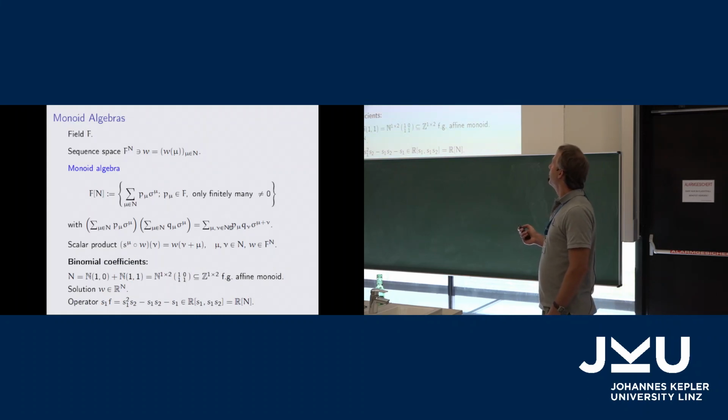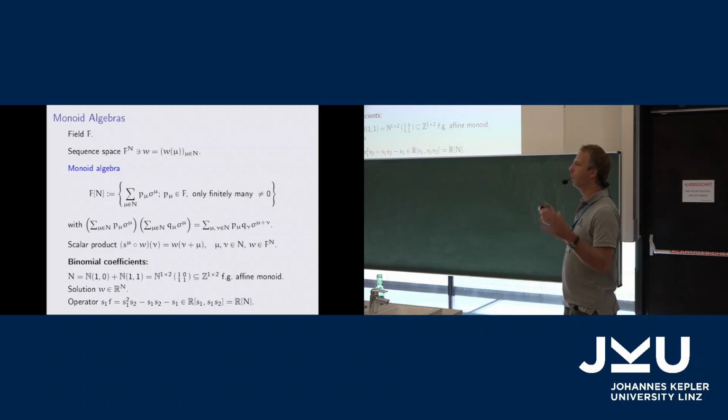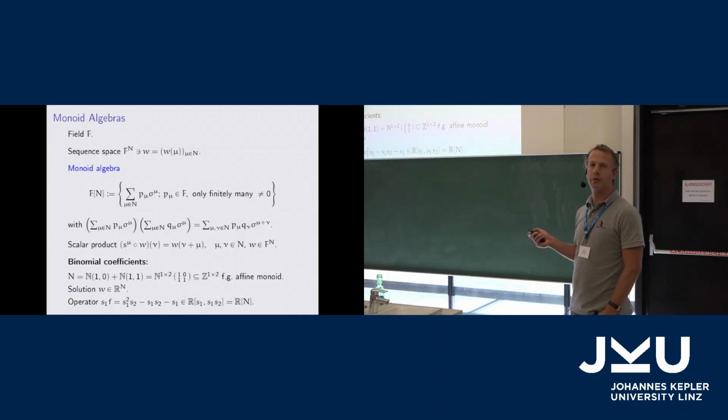Once we have such a monoid, we can define the sequence space where the arguments of the sequence are points in the monoid, and also the monoid algebra, which consists of all those, let's say, polynomial expressions where the exponents lie in the monoid. There is also a scalar product defined as before by shifts. S to the mu applied to W at point nu is W at point nu plus mu.